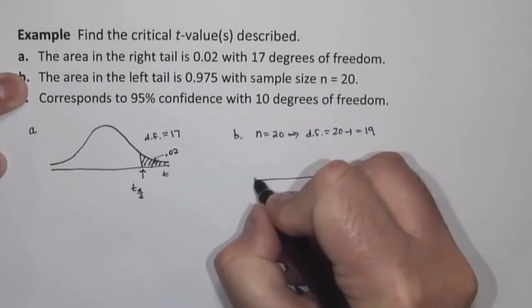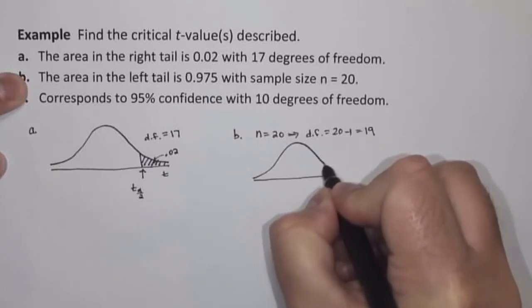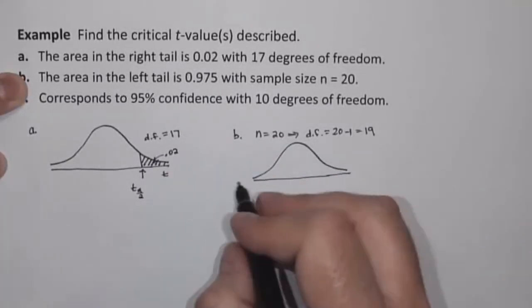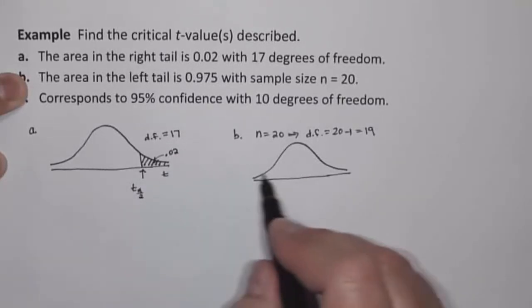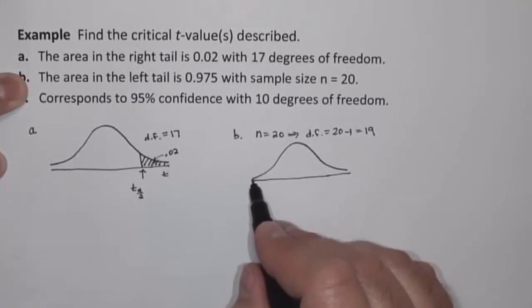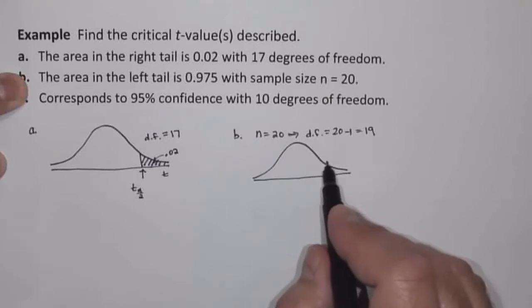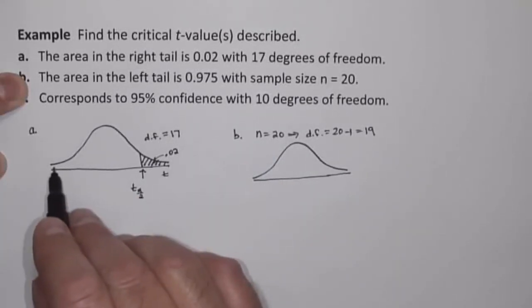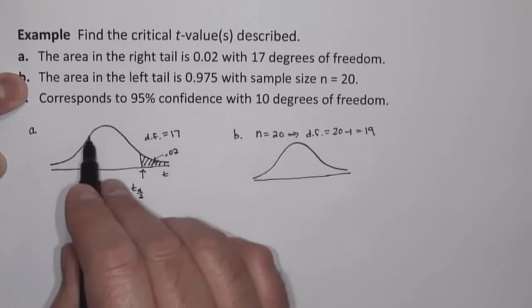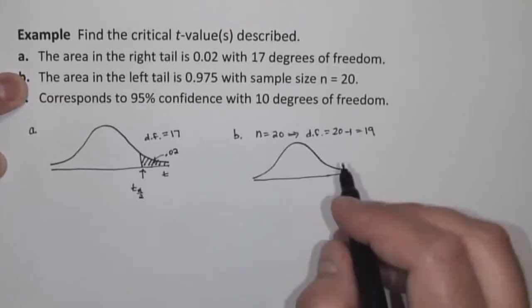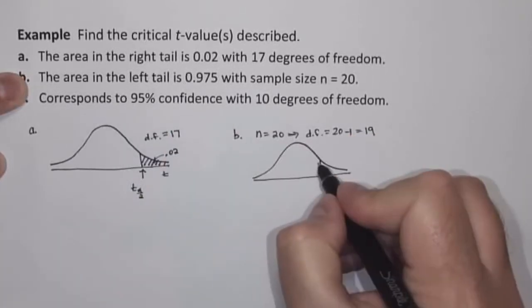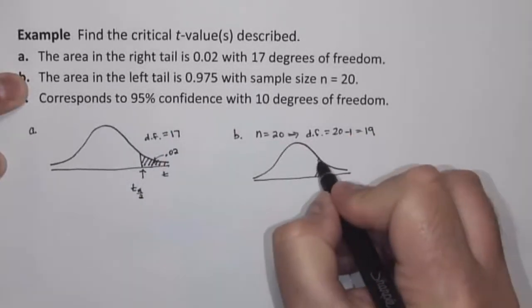So this will be a slightly different t-distribution. Generically they have the same look, but if I were to compare this to this one, this one would have a little less area in the tails and a little more area in the middle than this one. This one compared to this one would have a little more area in the tails and a little less area in the middle. Anyway, in this case, the area in the left tail is 0.975.